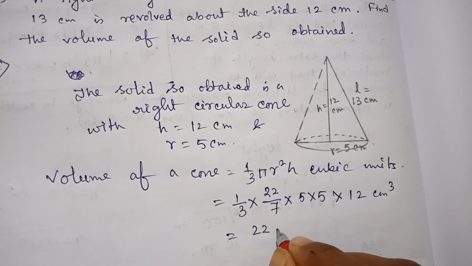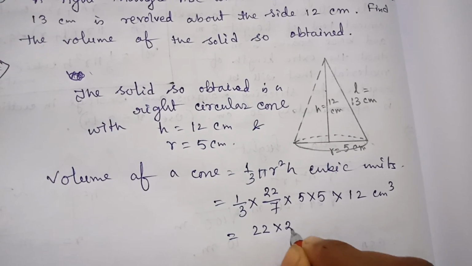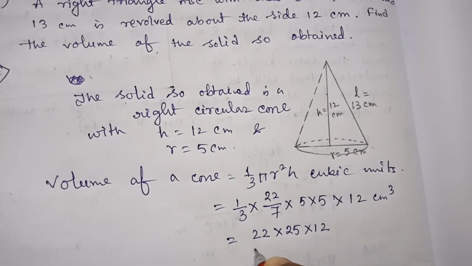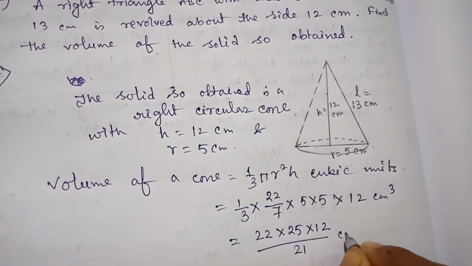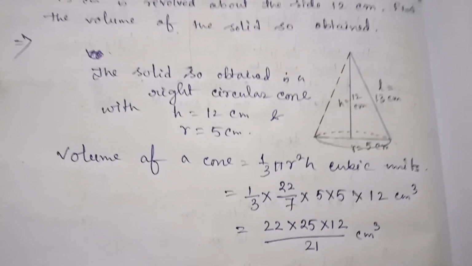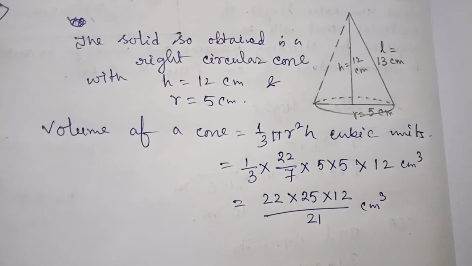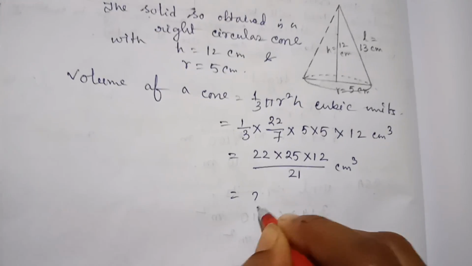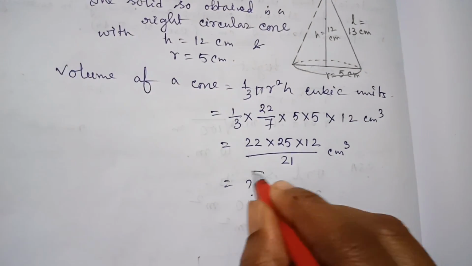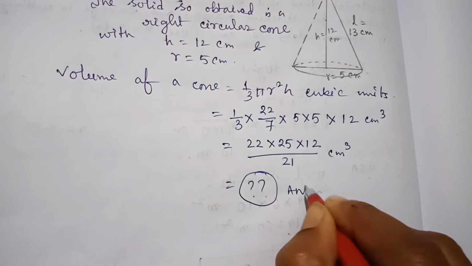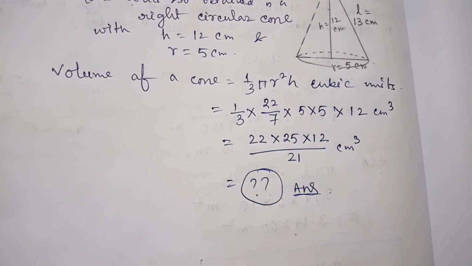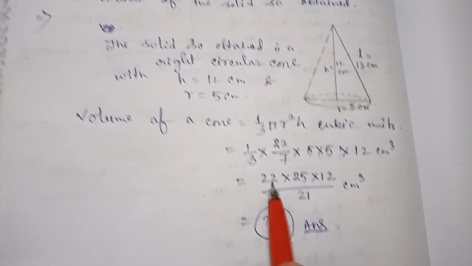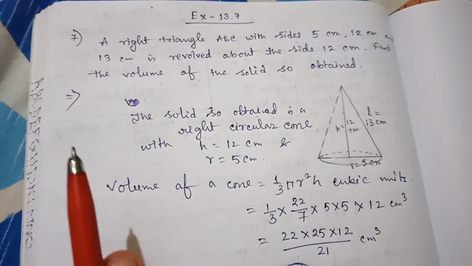So it will be 22 into 25 into 12 divided by 21 centimeter cube. And you need to just calculate this to get the answer. I am not calculating it because it will take much time. Okay, so this is question number 7.